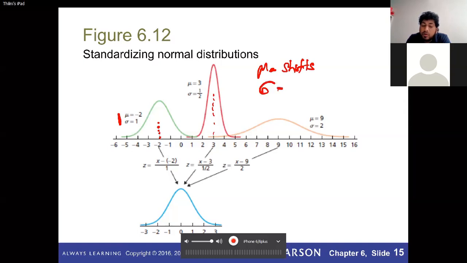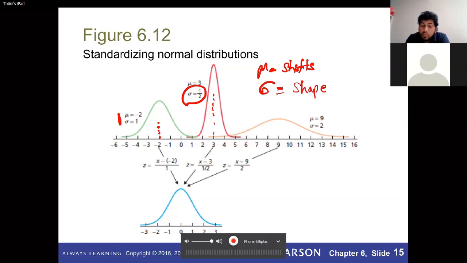Sigma we call the shape parameter because it changes your shape. If sigma equals 1, it's a perfect bell shape. If sigma is 1/2, it shrinks, it squishes your distribution. So sigma is a shape parameter. It tells you the shape of your distribution.